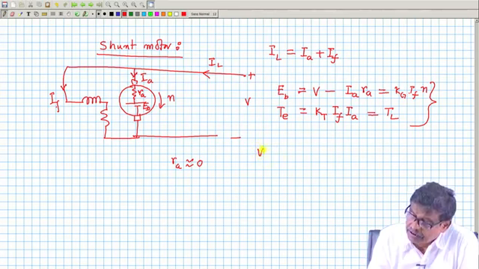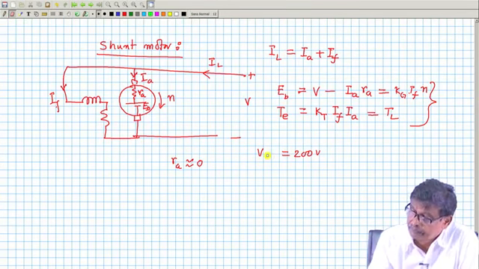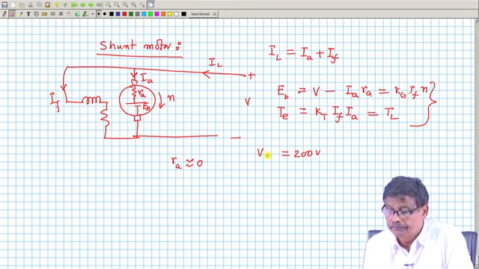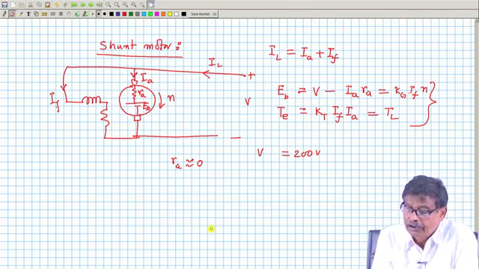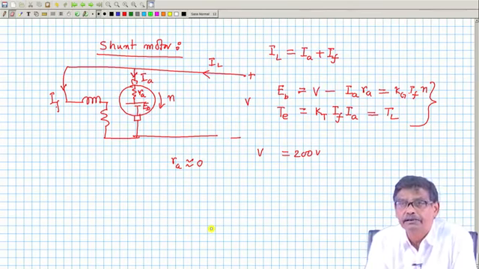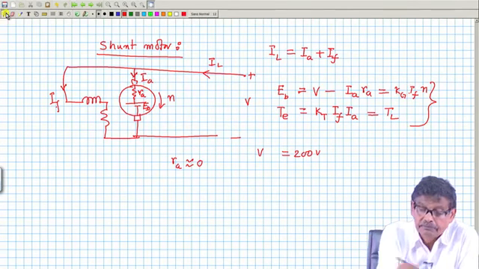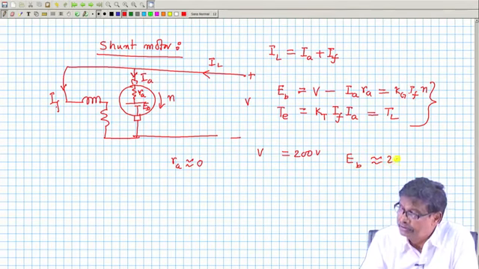Suppose applied voltage is 200 volt. Then what will be the back EMF of the machine? Then back EMF of the machine will be 200 only.